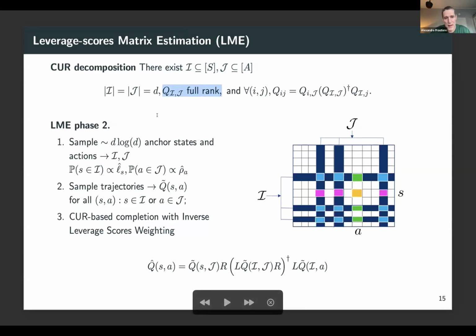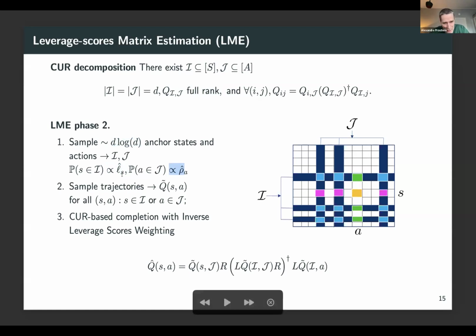Okay. And so in the second phase of the low rank matrix estimation, we just sample the anchor states. We sample a little bit more anchor states than needed. We sample D log D anchor states and anchor actions according to the corresponding estimates of their leverage scores. So in our sets I and J, you will most likely have states and actions with high leverage scores.